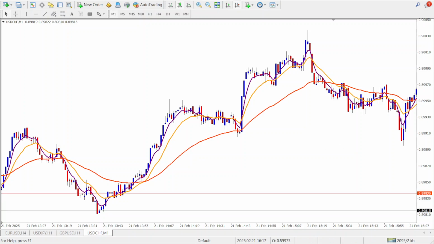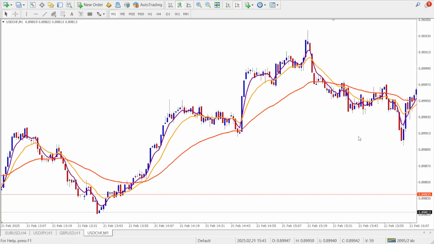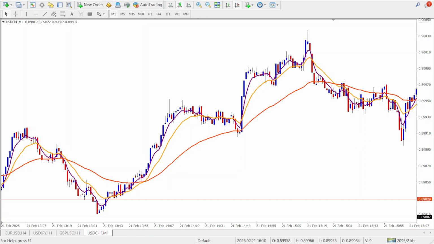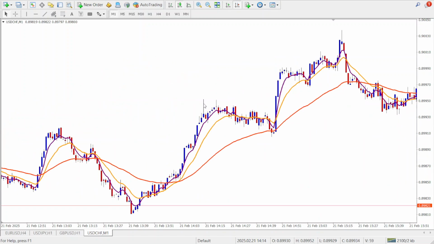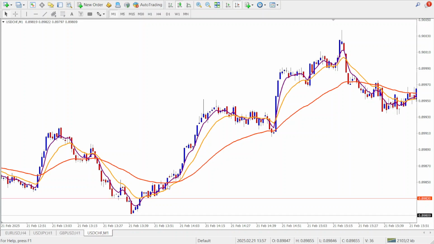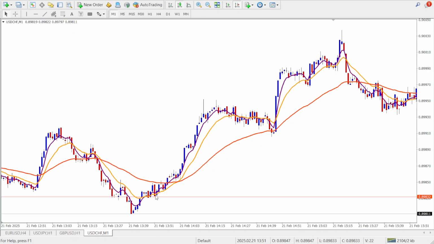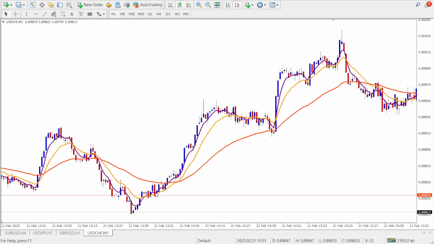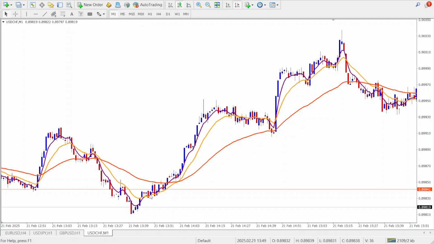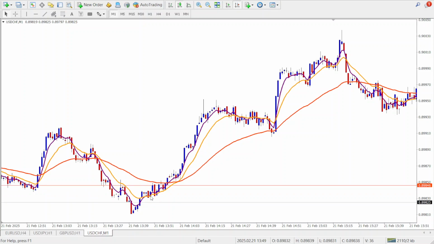Once you have got these 3 EMAs on your chart and you are ready to use the strategy, let's talk about how to enter and exit trades based on their alignment. For a buy setup, the 5 EMA must cross above the 13 EMA. This signals short-term bullish momentum. Both the 5 EMA and the 13 EMA must be above the 50 EMA.